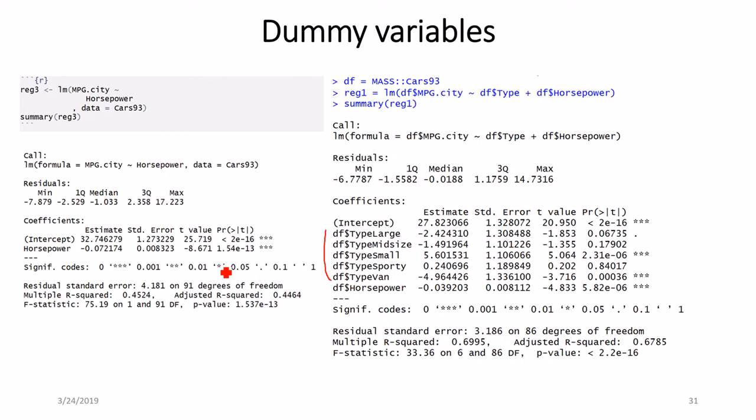The name of the dummy variables is based on the name of the categorical variable and the values. So for type, we have type large, type midsize, type small, type sporty, and type van.